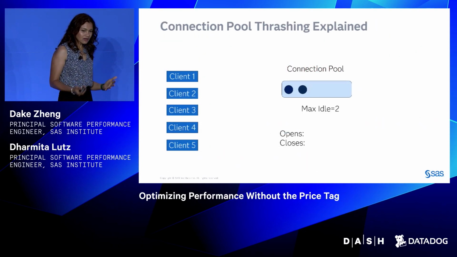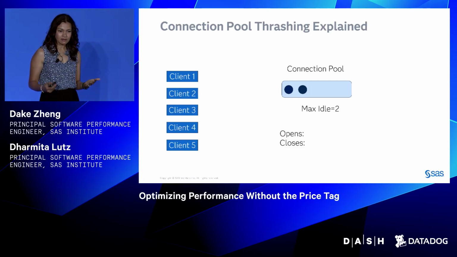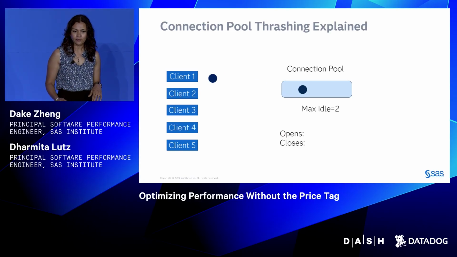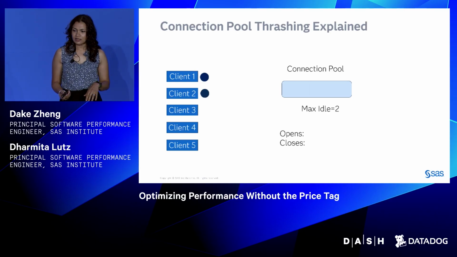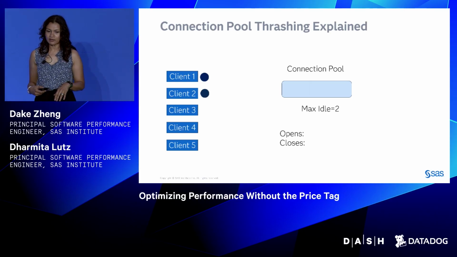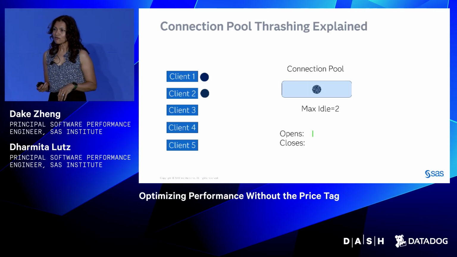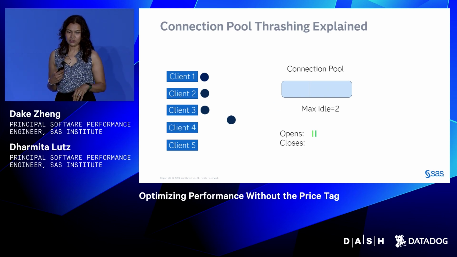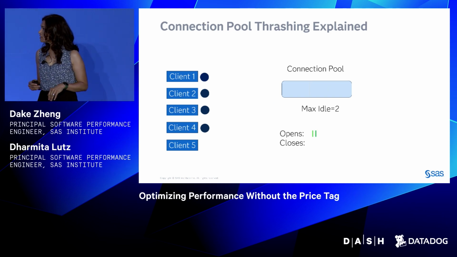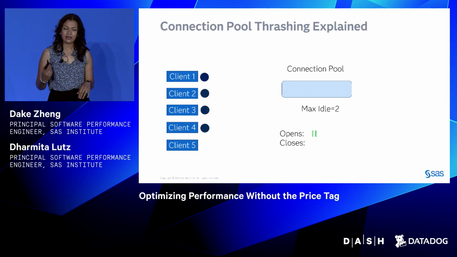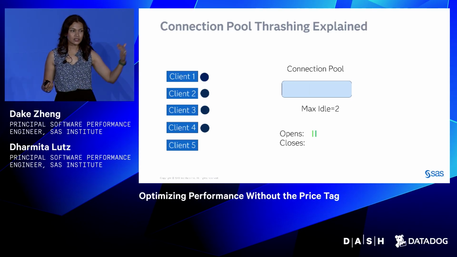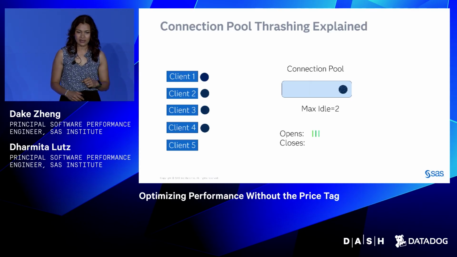Our developers came up with this clever animation to explain this thrashing problem. So when clients request connections and we have idle connections, we provide the connections. When we're out of idle, we have to create new connections. And we just learned from Daka's presentation that creating and opening connections is expensive. So if we pay attention to the green tally marks, we've opened connections.